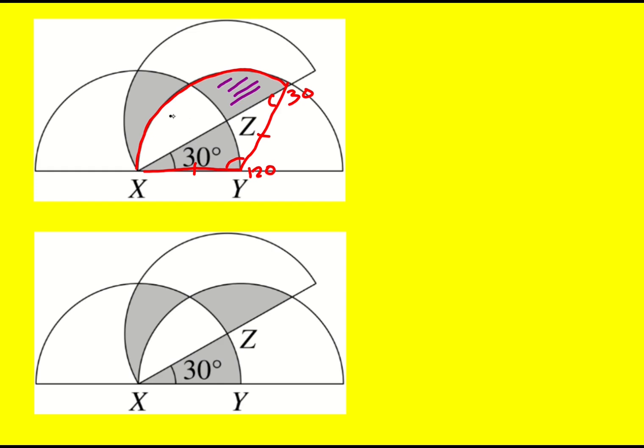So if I focus on this, I called it the black area before, I'm now going to call it X, and this is going to be A. Then I can say that X plus A is the entire sector, and we already showed that the 30-degree sector was 4, so this is going to be 4 times as much.